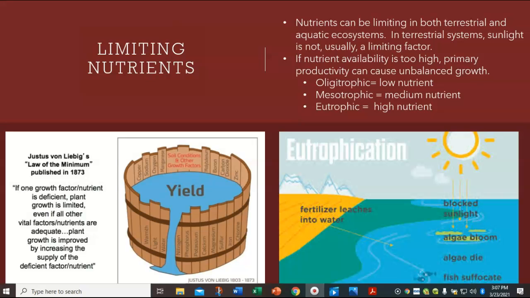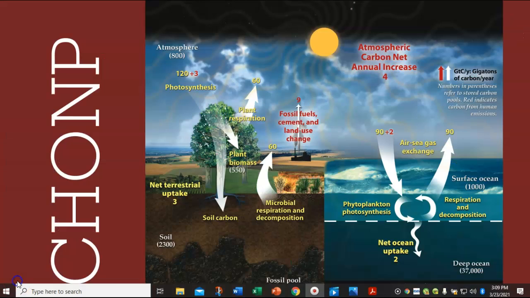And when we have low nutrient conditions in an aquatic ecosystem, we call it oligotrophic conditions. Now, eutrophic, because it has high nutrients, doesn't necessarily mean good and healthy conditions. Think algae bloom. Right? So I just want you to be aware that limiting nutrients, if supplied, can cause changes to the ecosystem which are very negative.